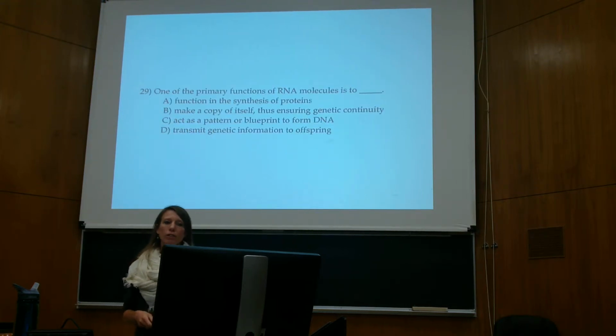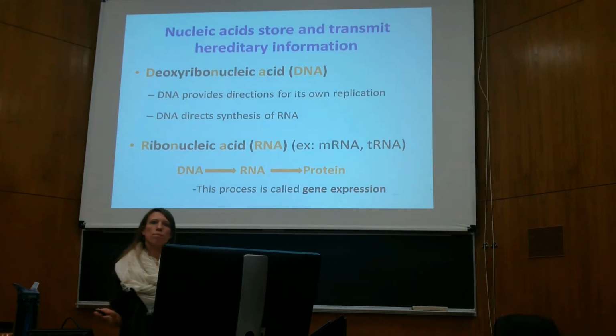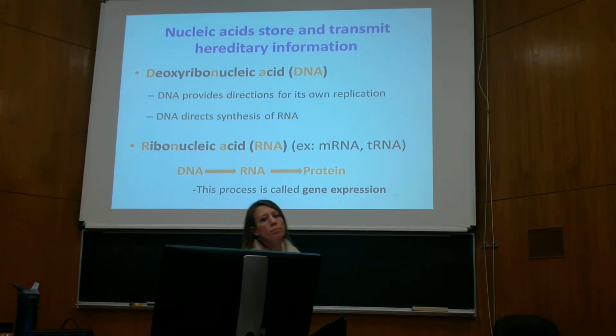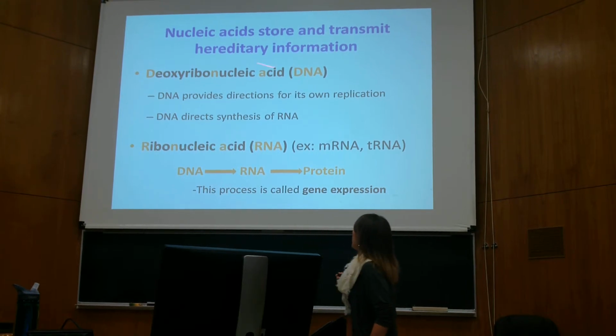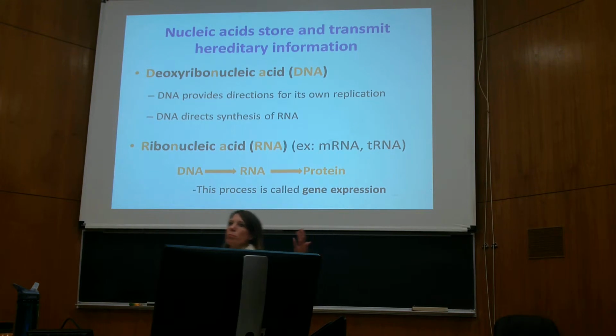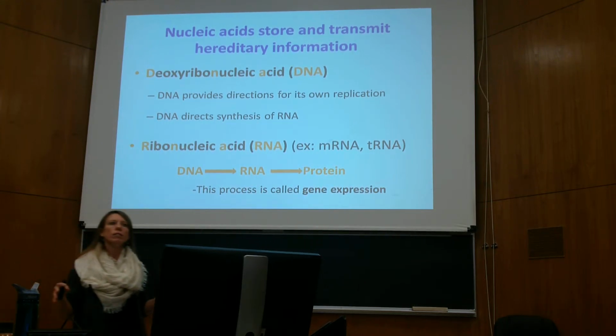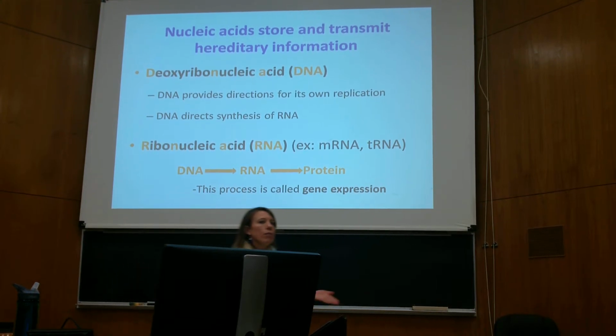Okay, one of the primary functions of RNA molecules is to function in the synthesis of proteins. DNA is the nucleic acid that's basically the blueprint to all of our genes. It passes on hereditary information, and it can synthesize itself.